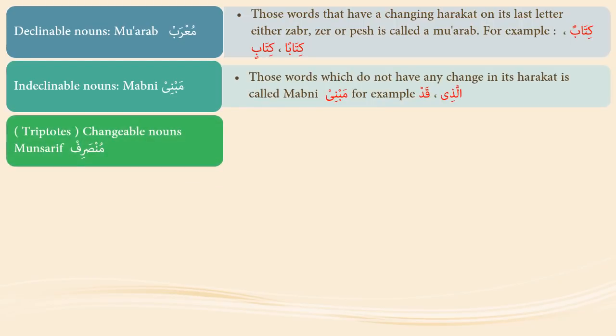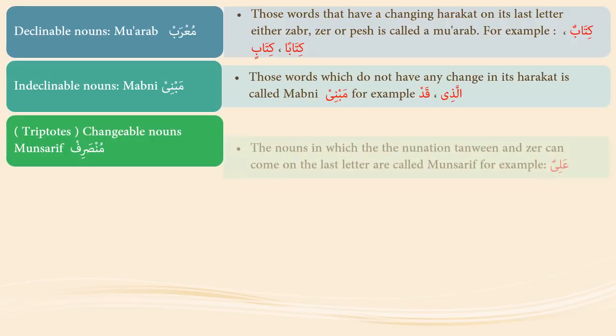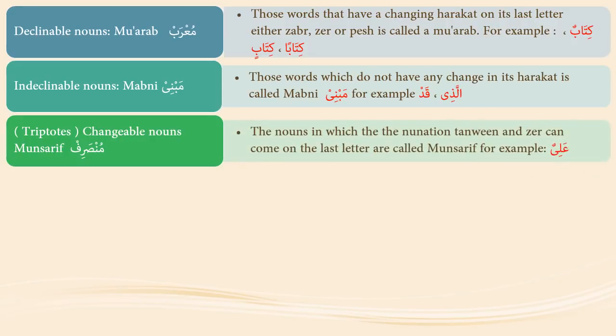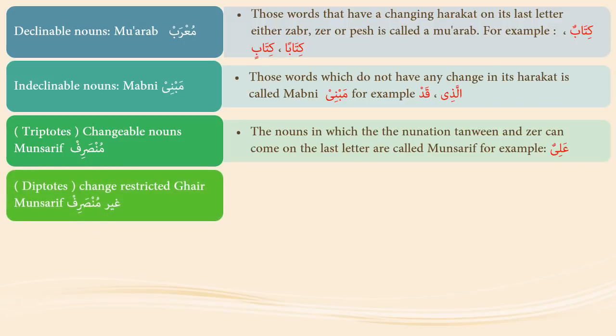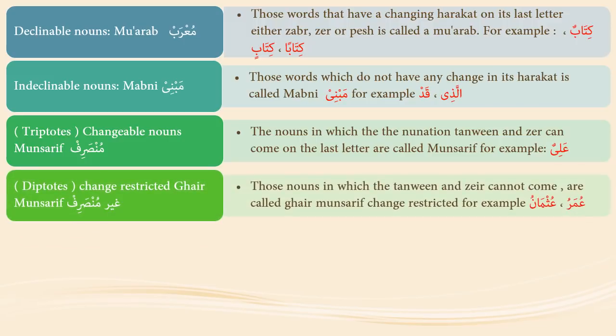Triptotes, changeable nouns, munsarif. The nouns in which the nunation, tanween and zair can come on the last letter are called munsarif. For example, aliyun. Diptotes, change restricted, ghair munsarif. Those nouns in which the tanween and zair cannot come are called ghair munsarif, change restricted. For example, Umaru, Uthmanu.